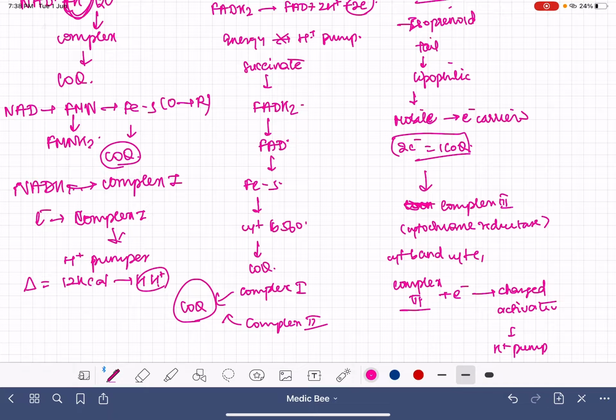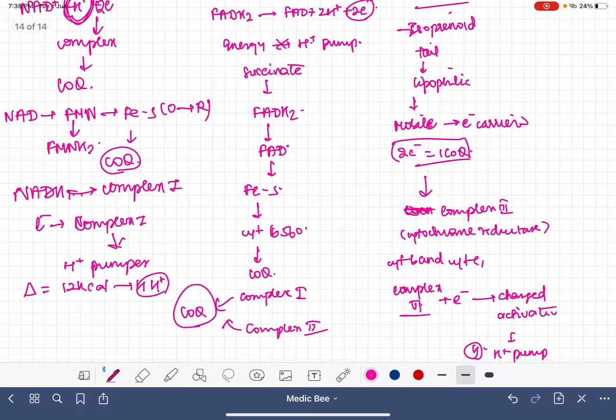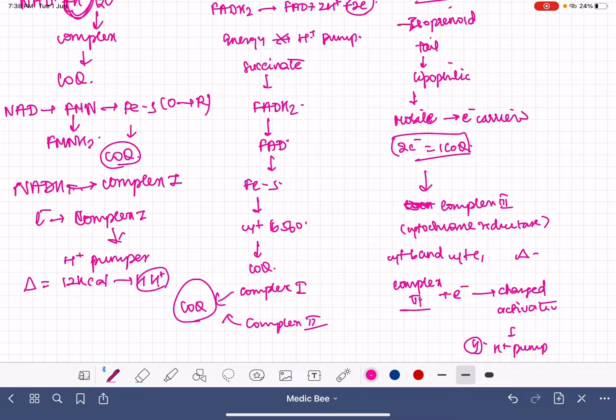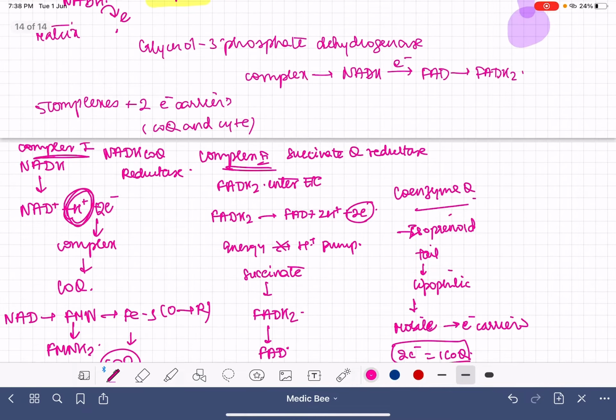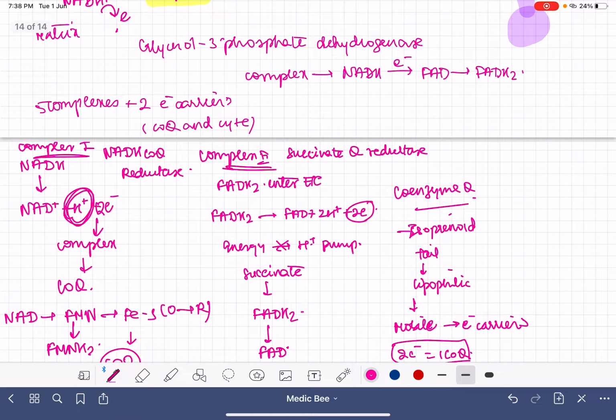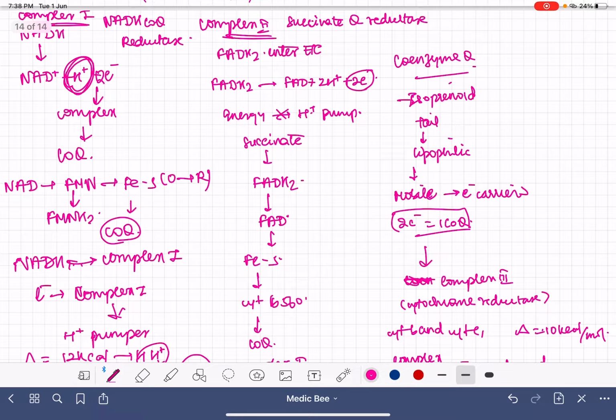How many protons are pumped out? Calculations show that 4 protons are pumped out, because the release is about minus 10 kilocalorie per mole. From complex 1, 4 protons were pumped out, but in complex 2 there was no sufficient energy for pumping out.